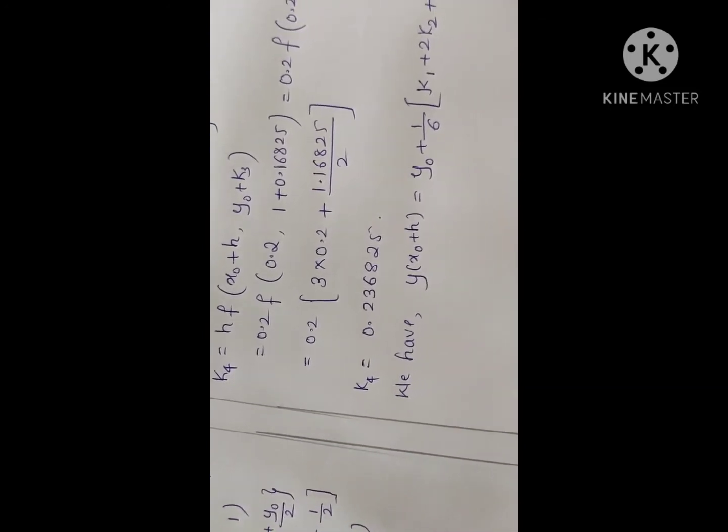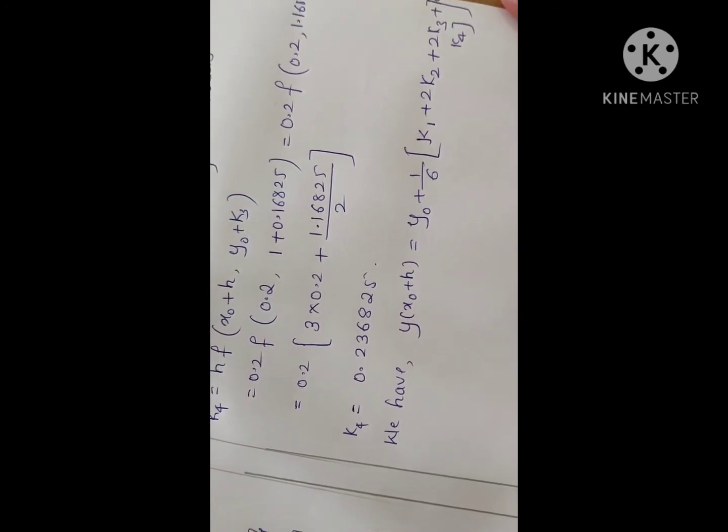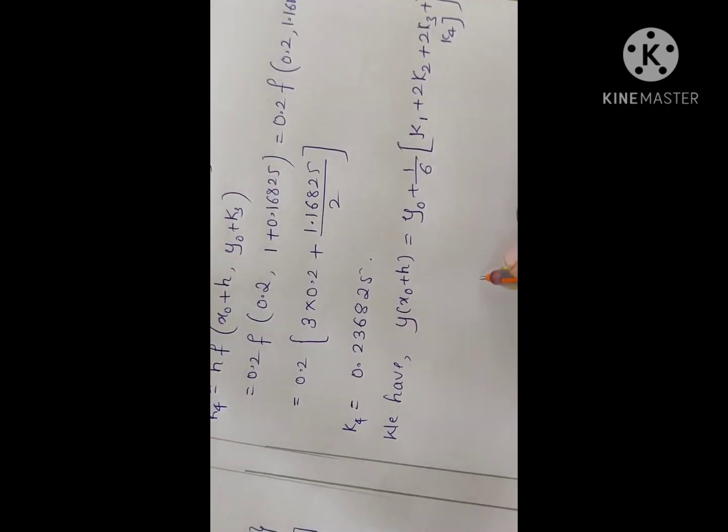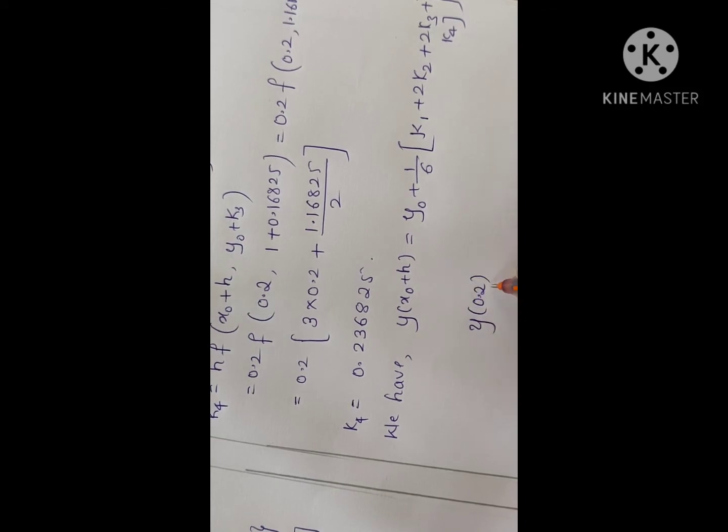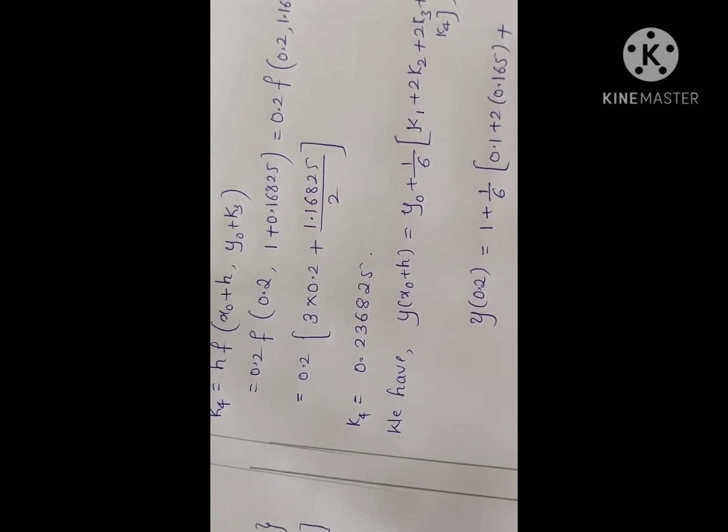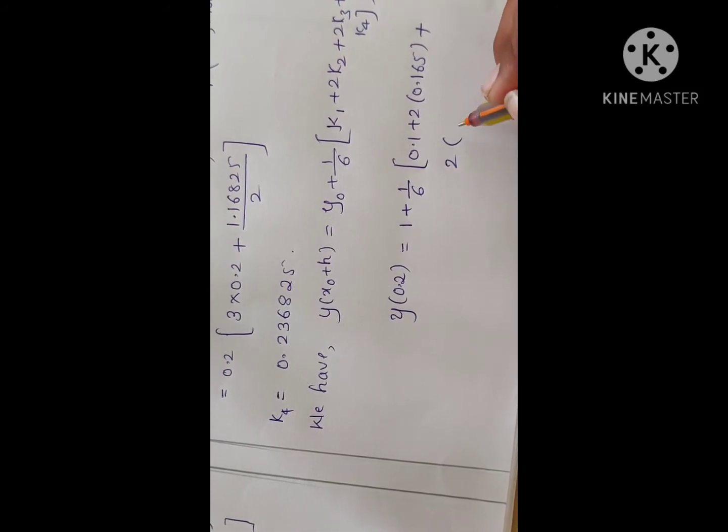So y of 0.2 is 1 plus 1 by 6 into (K1 0.1 plus 2 times K2, K2 is 0.165, plus 2 times K3, 0.16825, plus K4, K4 is 0.236825).